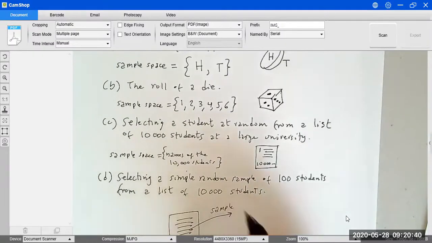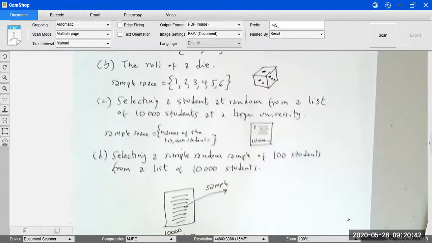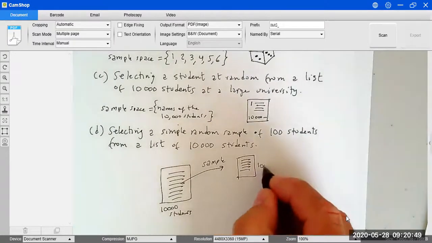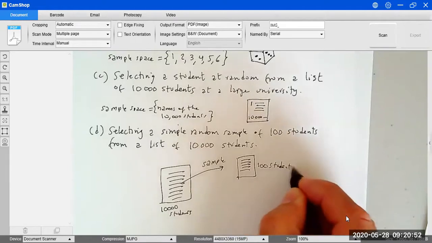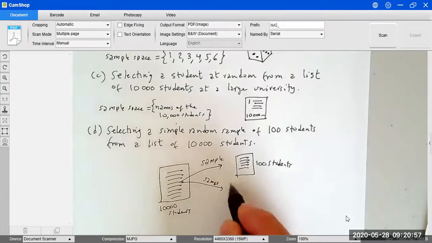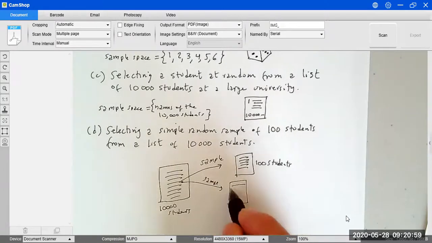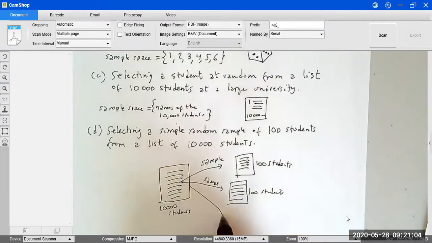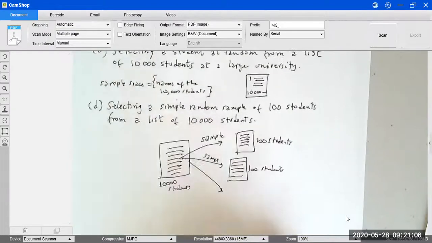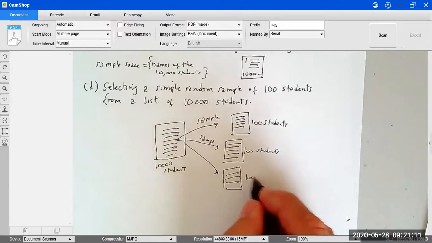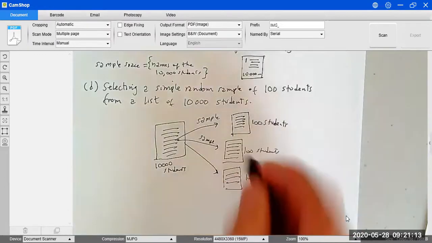Remember, we can use the command sample in R. So you're gonna get a sample of 100 students selected at random, but you might have another sample where you're gonna have a different 100 students. And you might have another sample with another 100 students that are going to be different from the previous list, and so on.